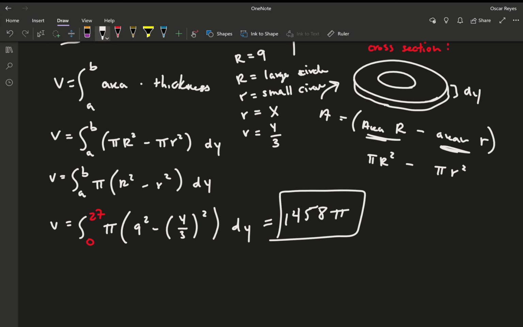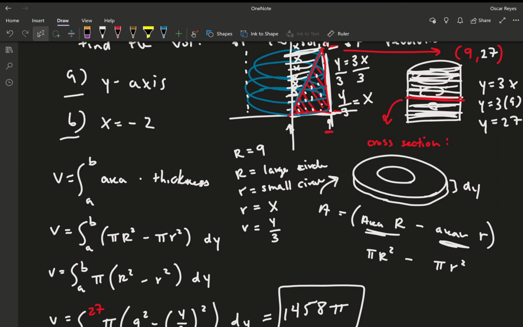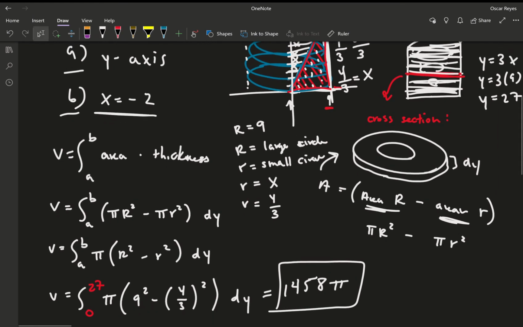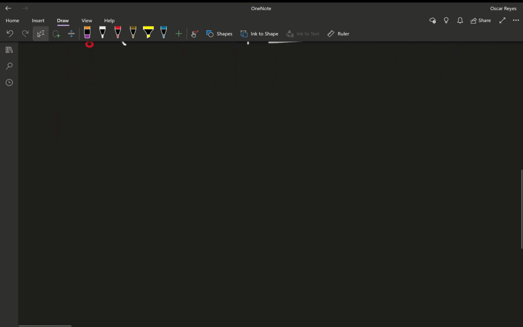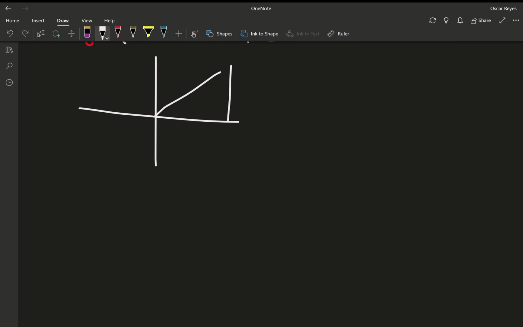So let's move on to part B. We're going to revolve it around x equals -2. So we have the same problem, but this time we're going to revolve it around x equals -2. We know that this is 9.